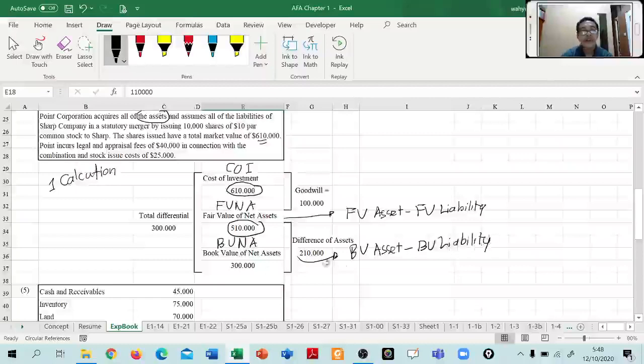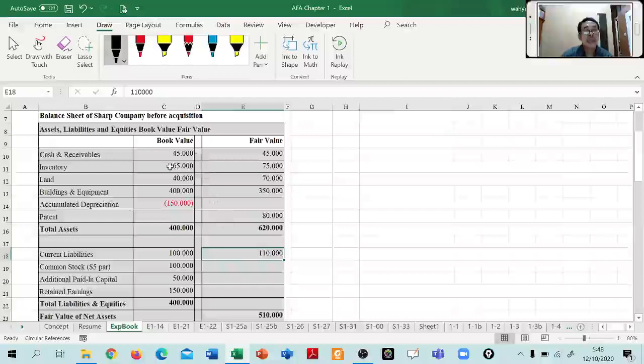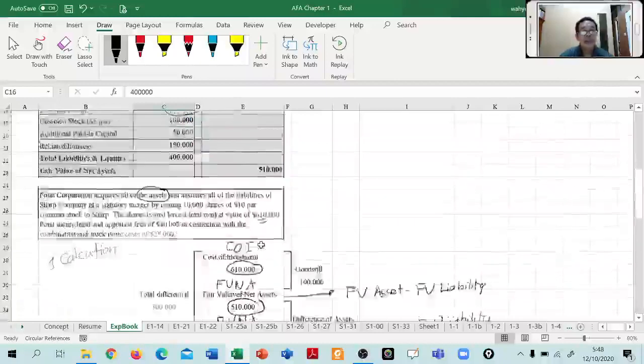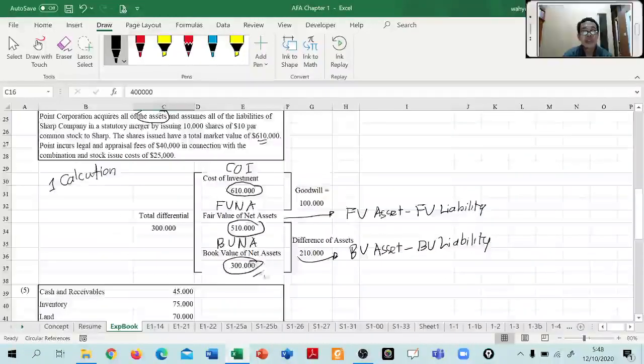Based on that information from the balance sheet, we get the book value of assets, 400,000, minus current liability, 100,000, so we get 300,000.